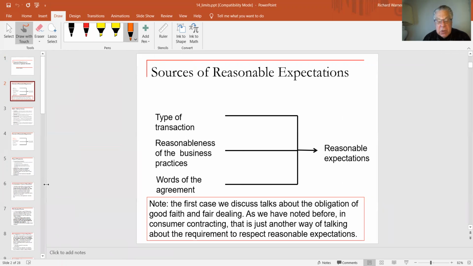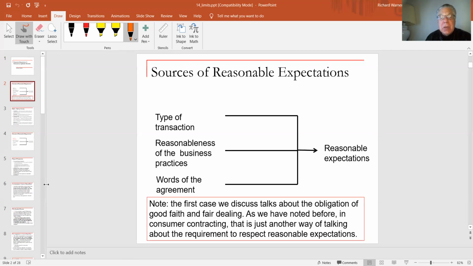Now note, as you see in the box outlined in red, the cases we have are going to talk about the obligation of good faith and fair dealing. As we noted earlier in our videos, in the consumer contracting context, that's the same as talking about respecting reasonable expectations. Now, since the cases talk about the obligation of good faith and fair dealing, I'll generally talk about the requirement that way, not as the requirement to respect reasonable expectations, but they're the same.